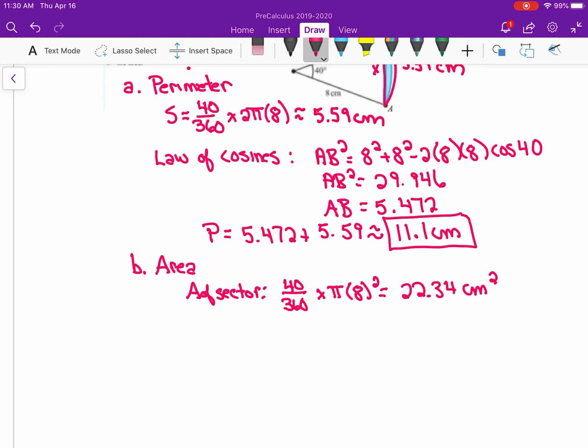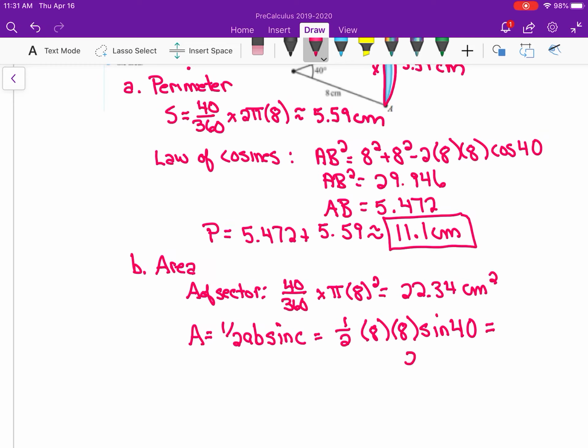All right, and in order to do that, we can use this specific formula that we learned in our other class, 1/2 ab sine C, which gives me 1/2 times 8 times 8 sine of the included angle. All right, and that gives me the area of an oblique triangle, so a non-right triangle. And that gives me 20.57 centimeters squared. So we just subtract the 2, and we have our little tiny piece left.